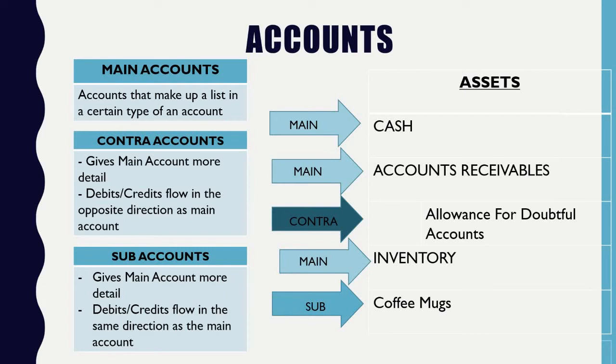When there's a normal flow, meaning, let's say my cash account, normally the flow of the transaction is usually increased by a debit. If it's usually increased by a debit, your sub account is going to flow in the same direction. So if my inventory is increased by a debit, so will my sub account also be increased by a debit. Okay?